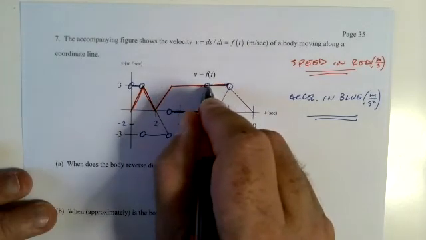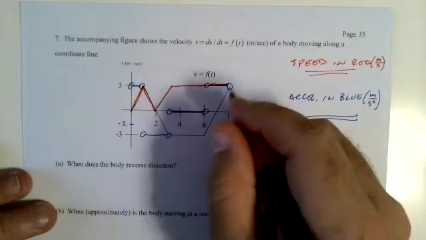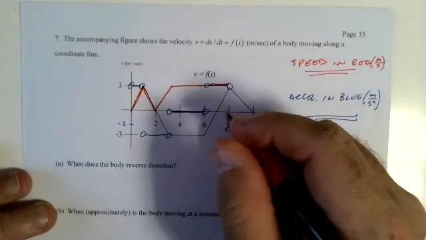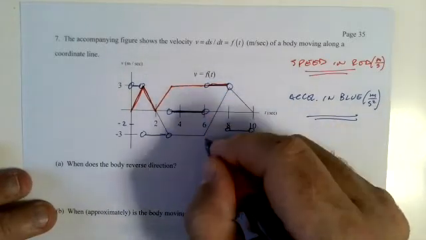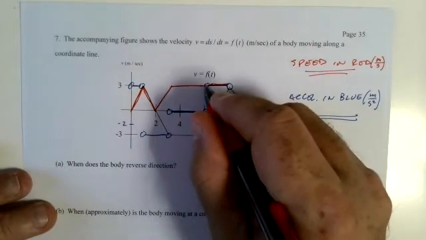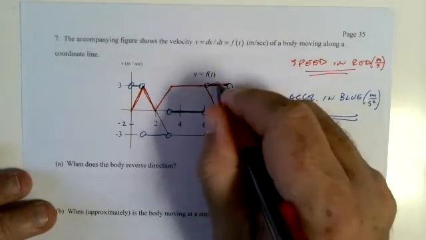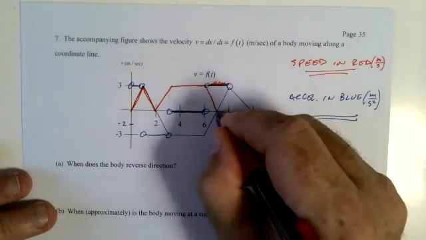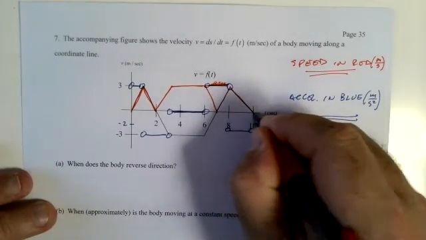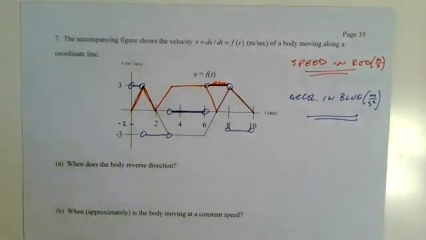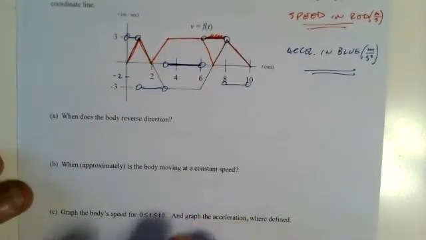I'm trying to draw it above so you can see it a little more clearly. And then, oops, I forgot about this spot here, and then back up. That's speed in red.